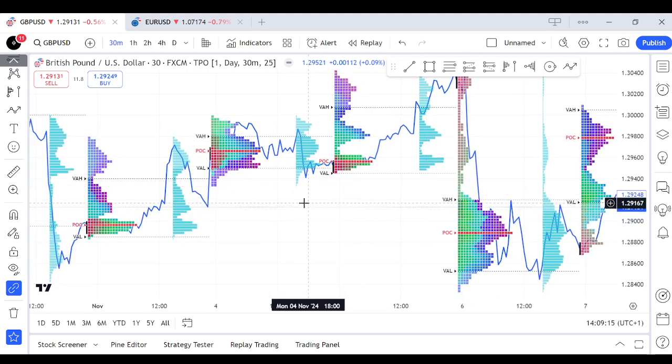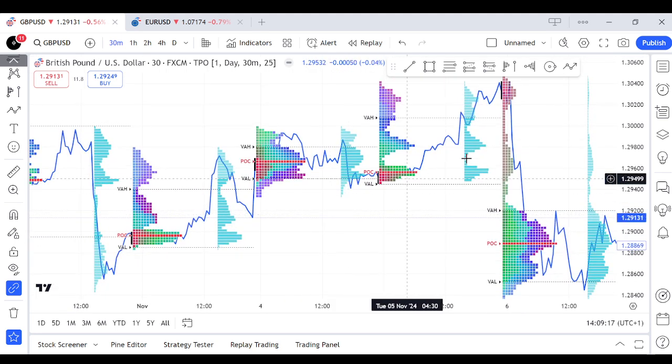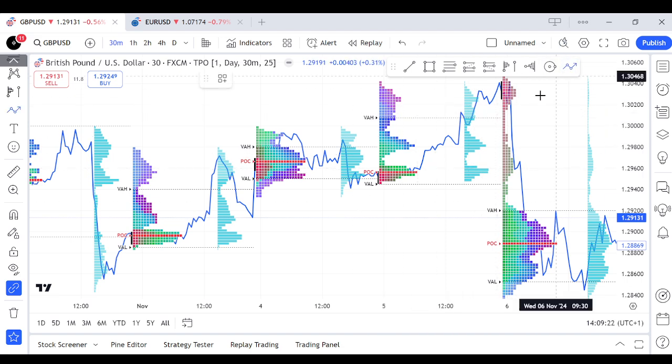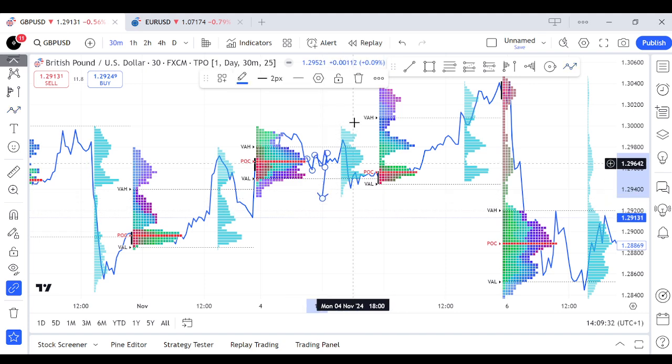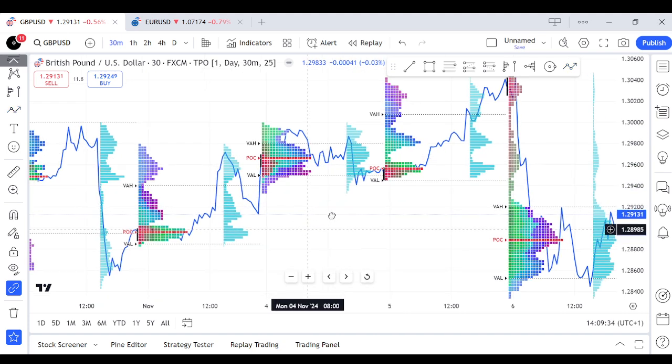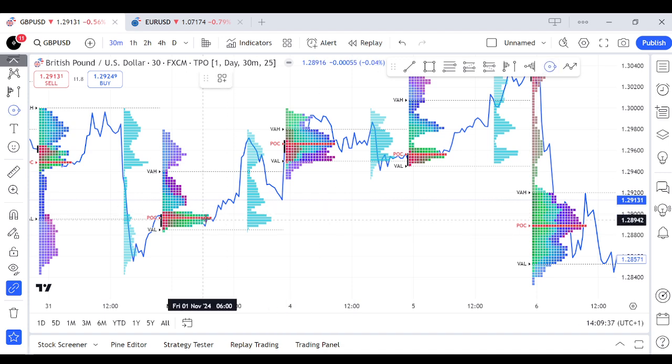Remember, the point of control is the price level where market tends to come back always as a reversion to the mean. See price giving this consolidation movements around here, around the point of control. So it can be used for potential support and resistance levels. You can see this right here.